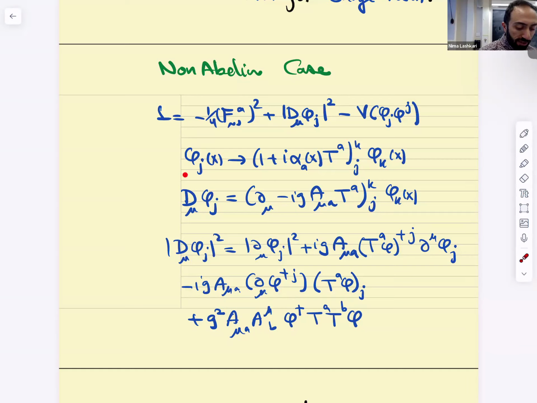So the infinitesimal gauge transformation is this. And here's the covariant derivative.